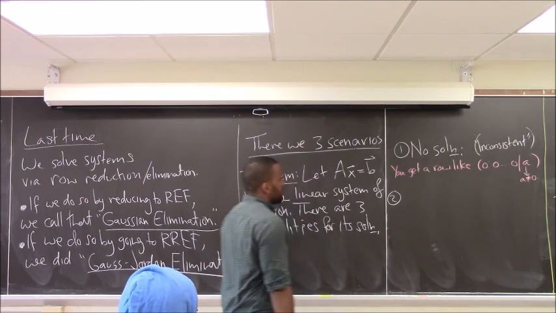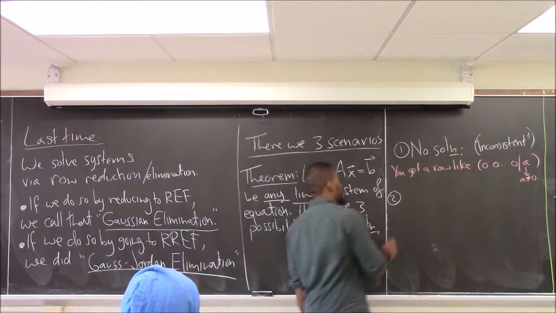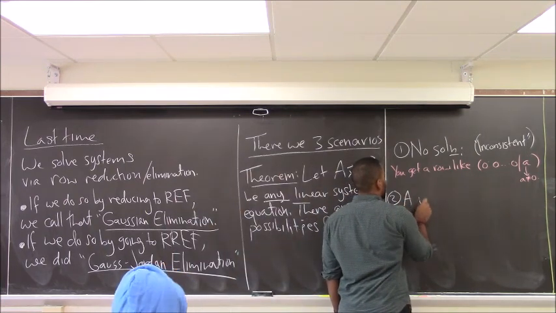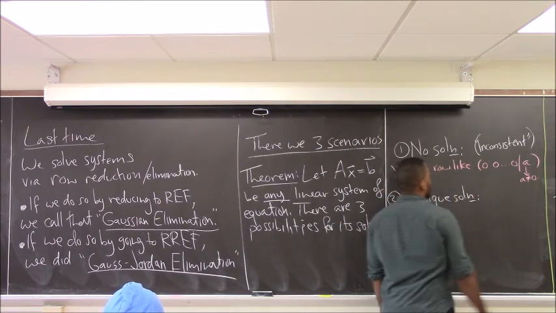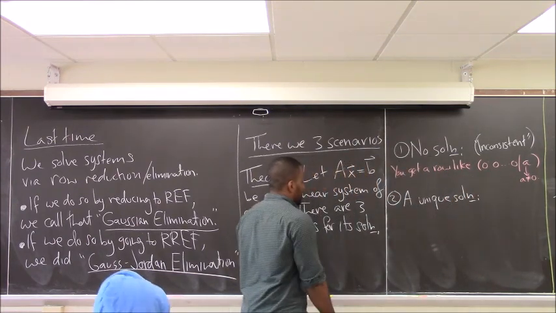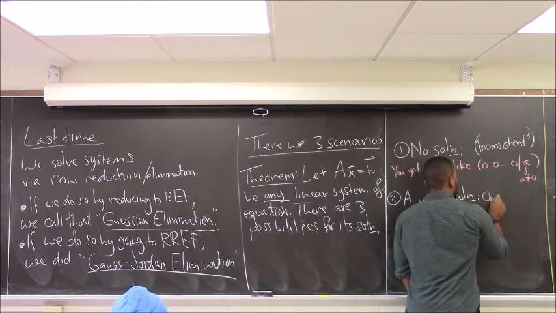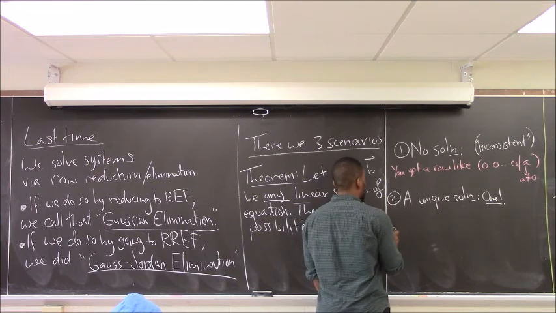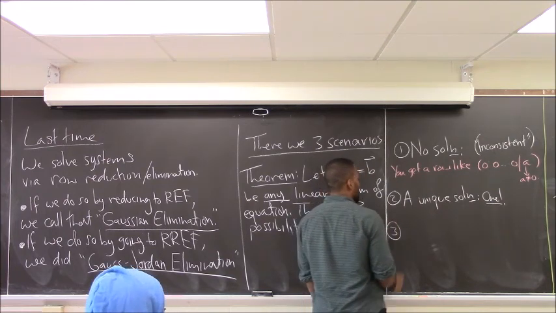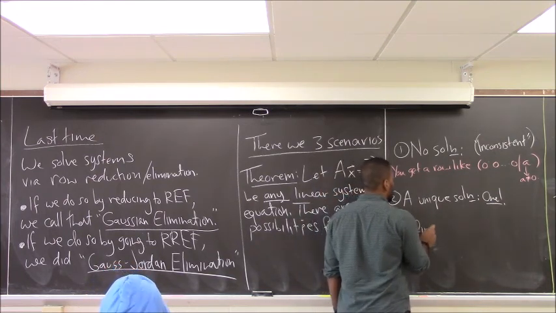But there are 2 kinds of solution that it could have. One is it has a unique solution, meaning just 1 solution, specifically 1. Or 3, the third possibility, it has infinitely many solutions.